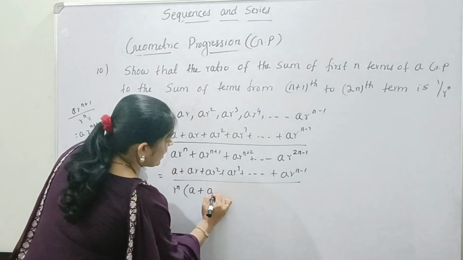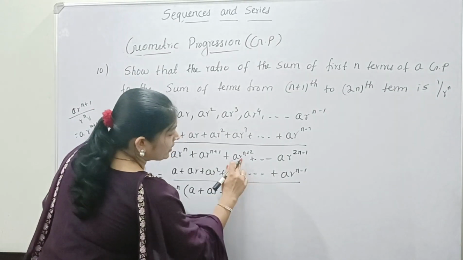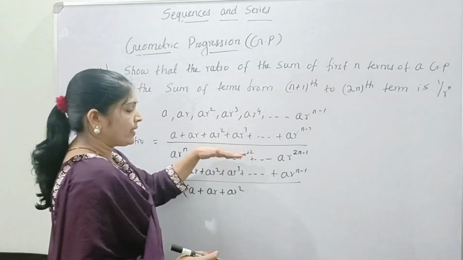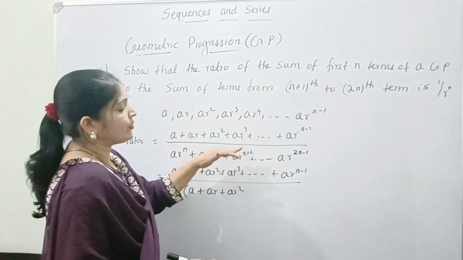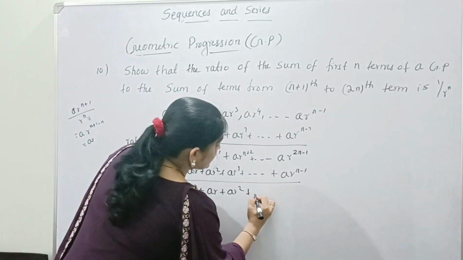So here it is ar plus ar square, and so on.